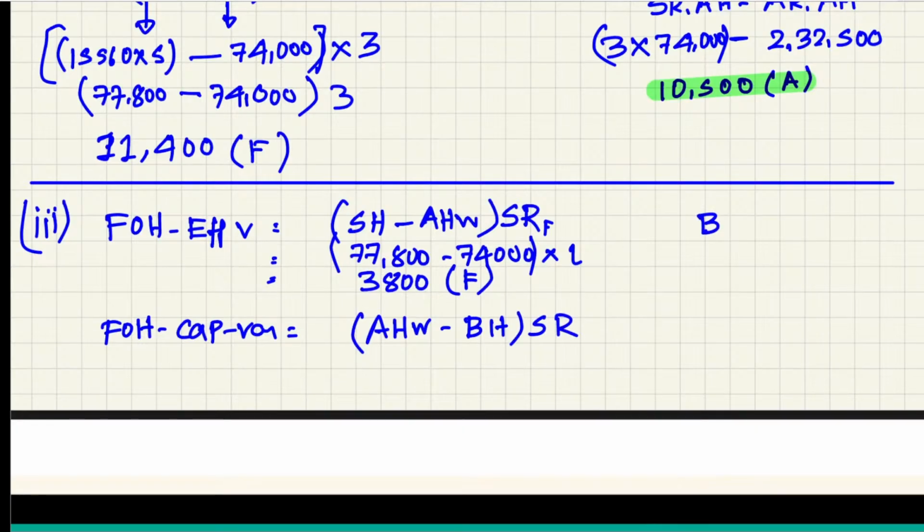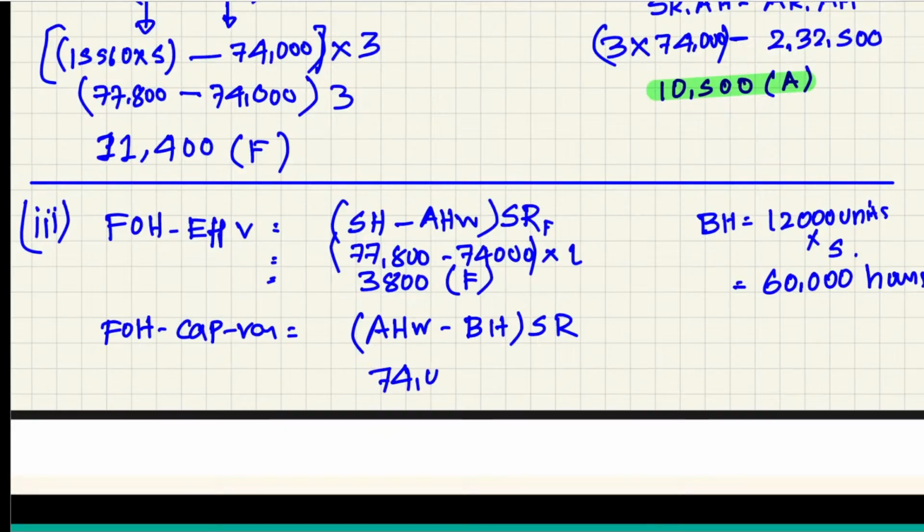So budgeted hour is equal to 12,000 units into 5, 60,000 hours. Actual hour worked is 74,000 minus 60,000 into standard rate fixed 1. So this is equal to 14,000 favorable.